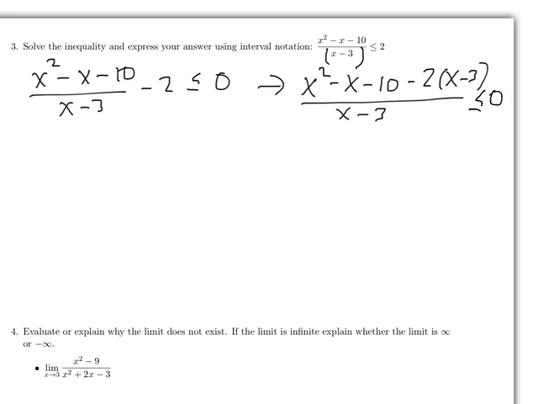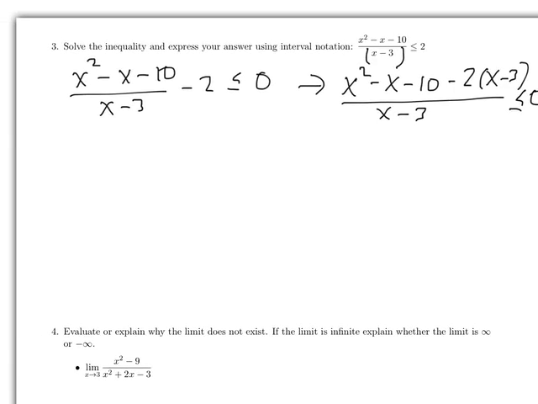Let's clean that up and see if maybe we can factor things. x squared minus x minus 2x is minus 3x. Minus 10 plus 6 is minus 4. Factoring the numerator.